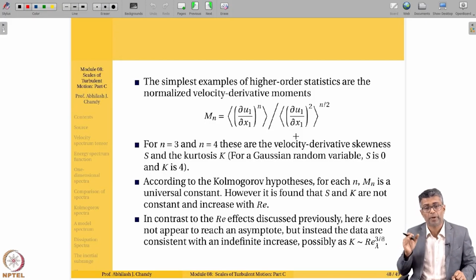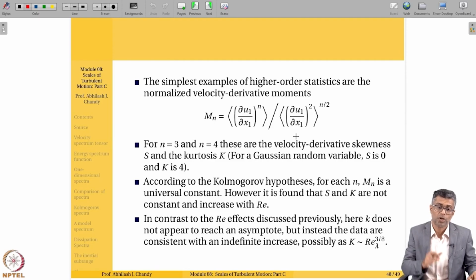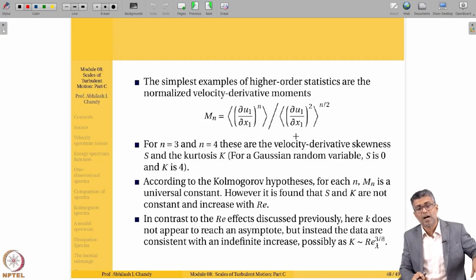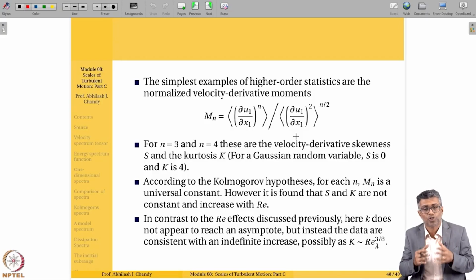Even the third order and fourth order moments would be the same. However, it is found that S and K are not constant and they increase with Reynolds number. So we don't see S and K being constant, but according to the Kolmogorov hypothesis, M_n is a universal constant.